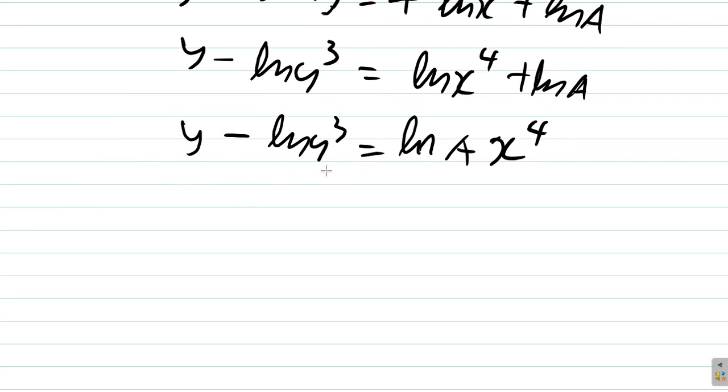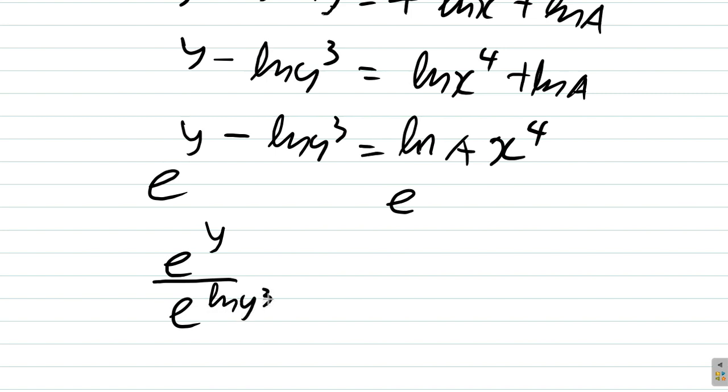Suppose you find e to the power of both sides. e to the y minus ln y cube equal e to the ln a x to the fourth. Now it would be same as e to the y over e to the ln y cube. Remember your rules of logarithm and indices too, is equal to e to the ln a x to the fourth, which would give you a x to the fourth, right?